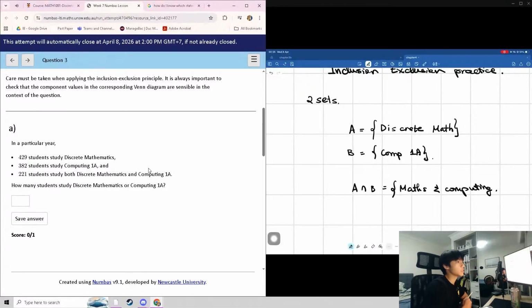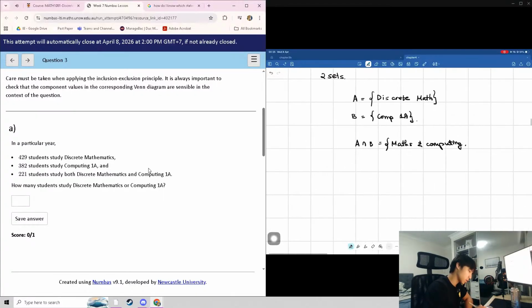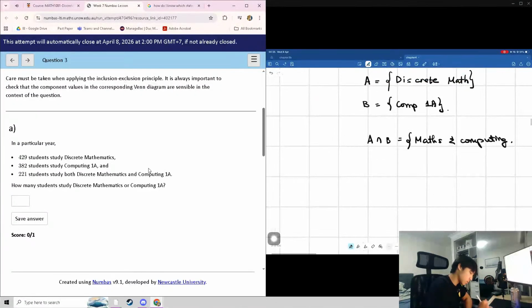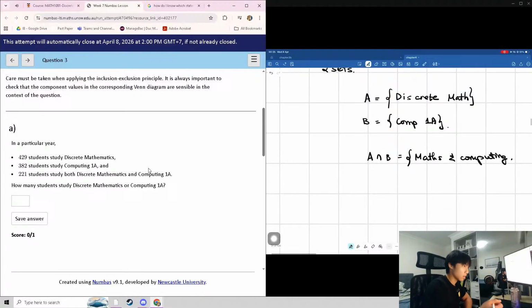And so how many students study discrete maths or computing? So we see it's a yes or no thing. Do you study math? Yes, no. Do you study computing? Yes, no. Do you study both?